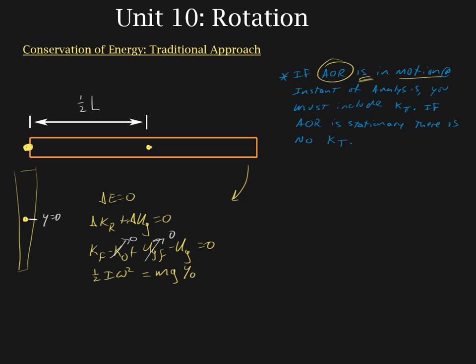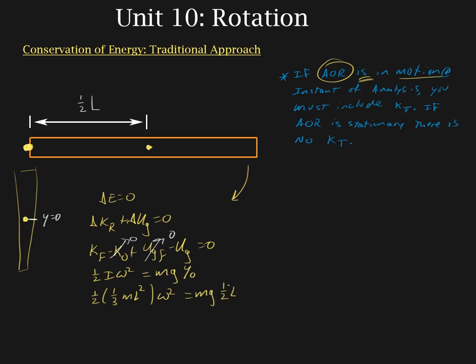And so rewriting this a little bit, we have 1/2 times I, which for a long, thin rod pivoted about its end is 1/3 ml squared, times omega squared is equal to mg. Now, y initial is going to be this distance, which is 1/2 of L. That's what I'm showing you here, 1/2 of L. So this becomes 1/2 L.